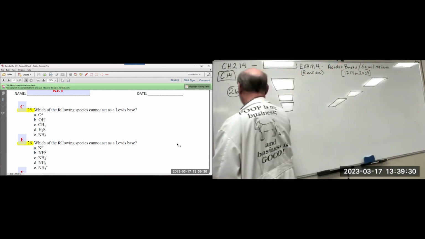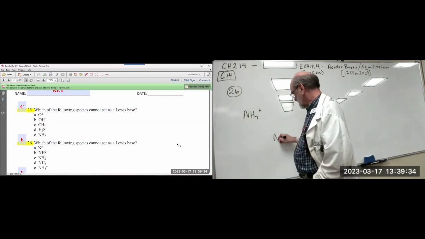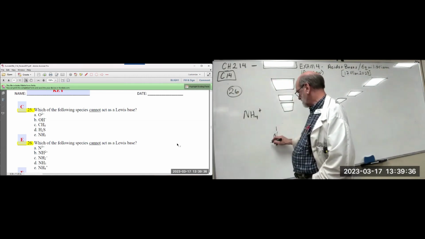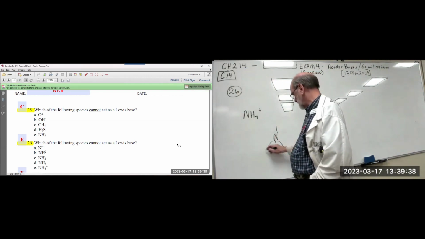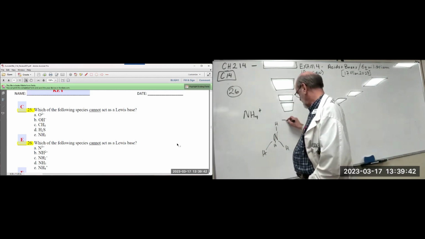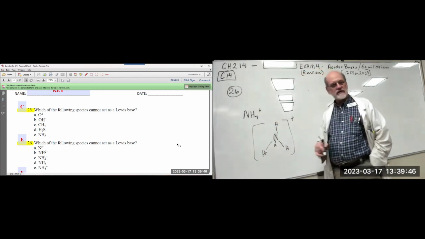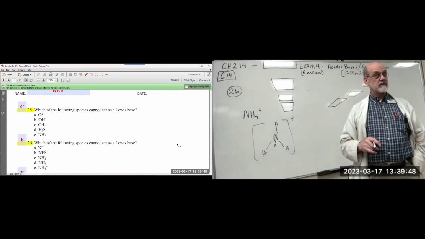NH4 plus. So that would be like this, and all of that tetrahedral structure would have a plus charge. It's not going to donate electrons.